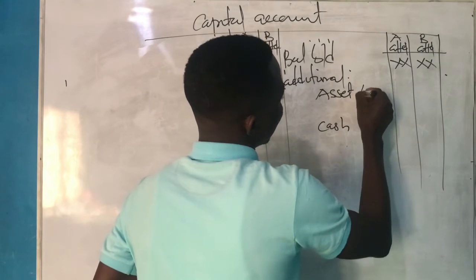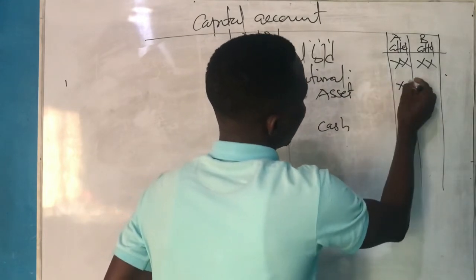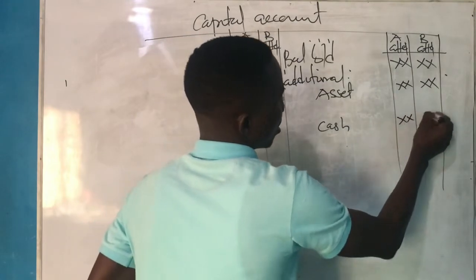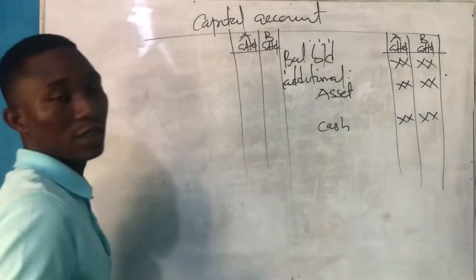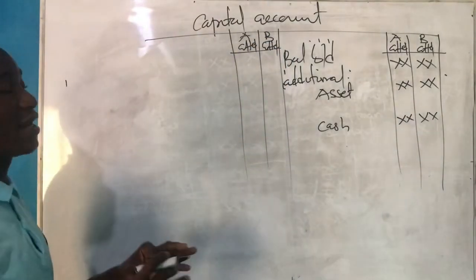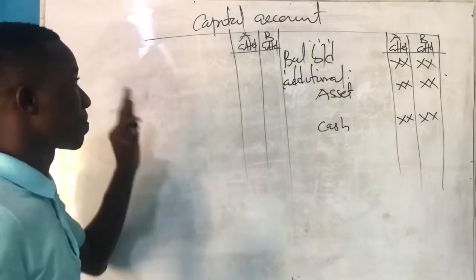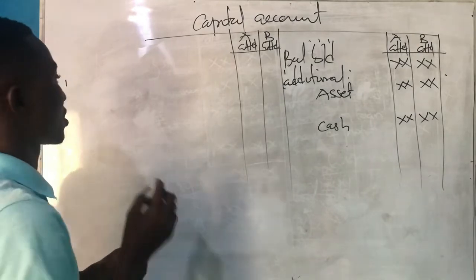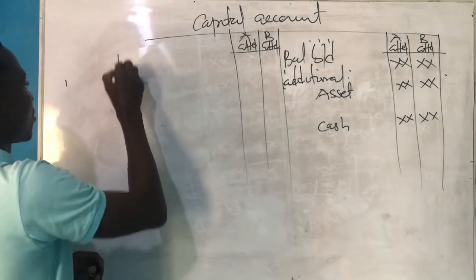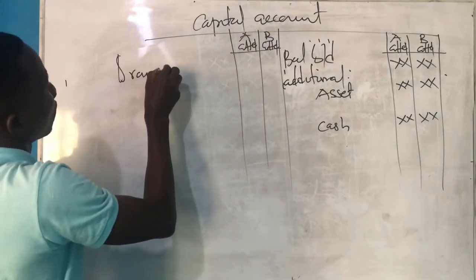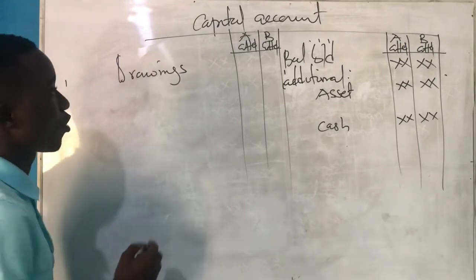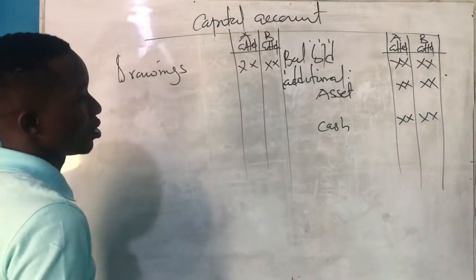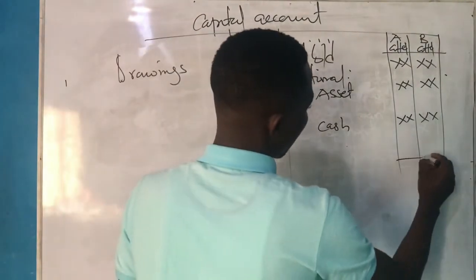So the assets from A and B, and the cash to the same A and B. Is that okay? And if there is any capital withdrawal, it should be debited, to reduce the capital account balance. So if there is any drawings, and the drawing should be a capital withdrawal, it should be here. Is that okay? So we close the account.